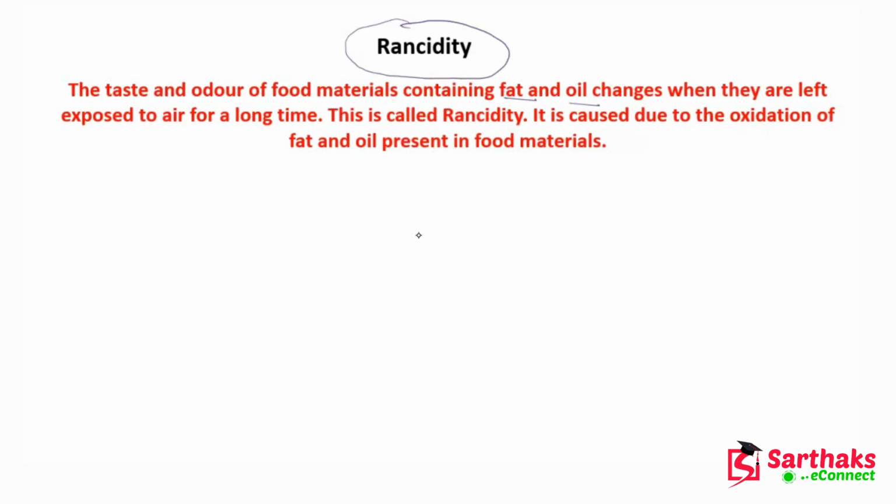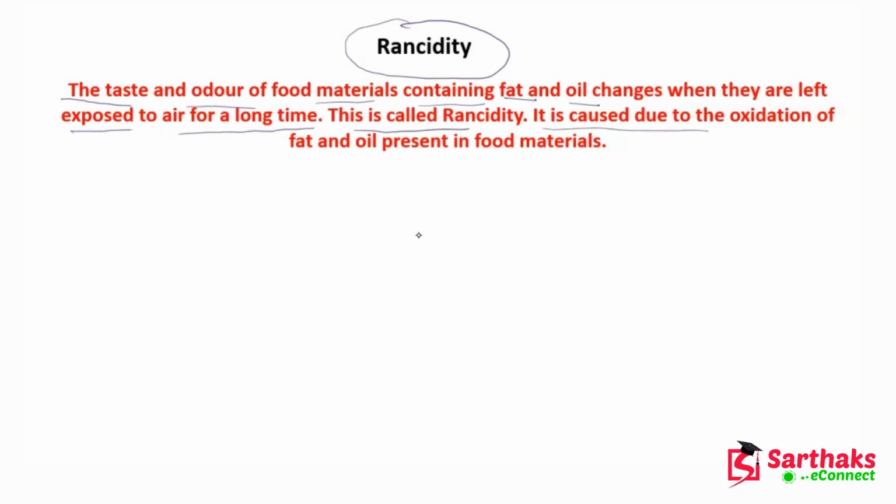Rancidity is basically the oxidation of fat and oil present in food materials. So you can see here the taste and odor of food materials containing fat and oil change when they are left exposed to air for a long time, and this is called rancidity.